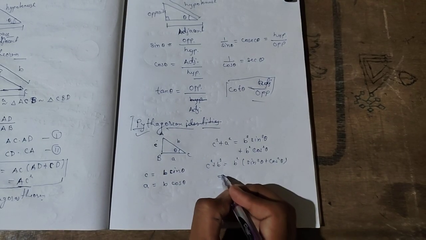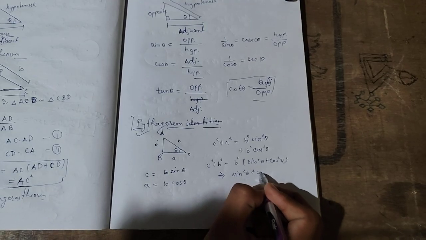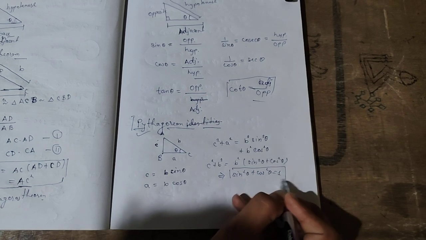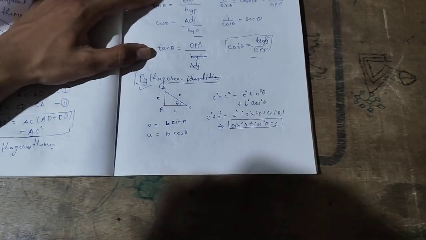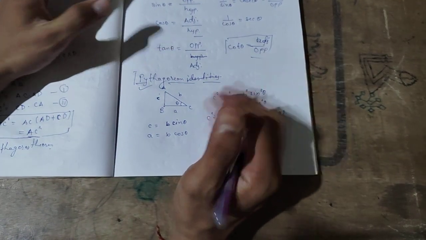That implies sine square theta plus cos square theta is equal to 1. That's the identity, and that's the first corollary of the Pythagoras theorem in trigonometry.